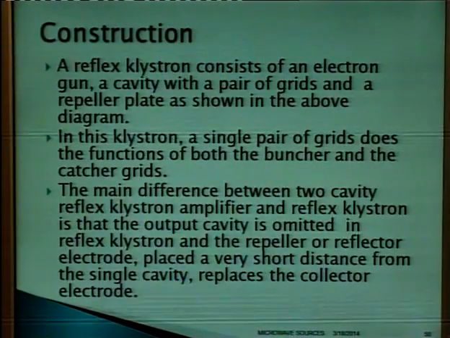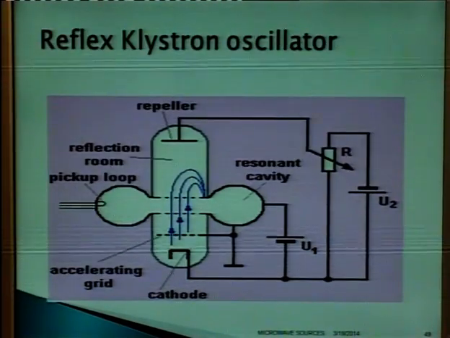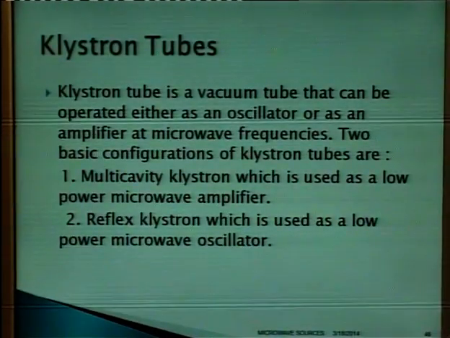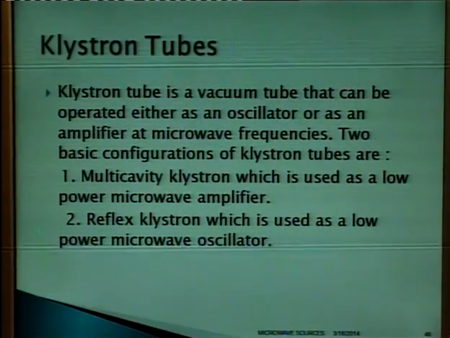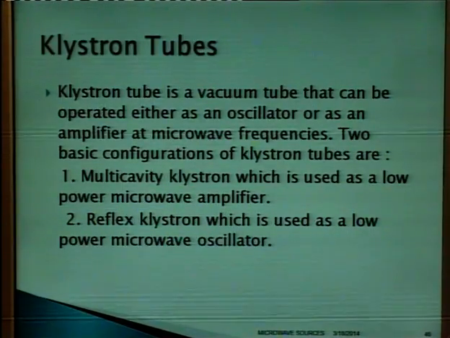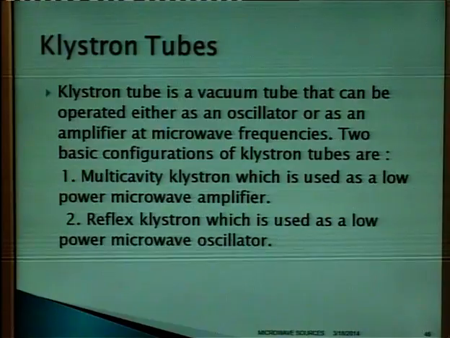So, in this discussion we have seen the various microwave sources: the reflex klystron, the multi-cavity klystron and klystron tubes. These are the two devices which act as a source and they differ in terms of construction.